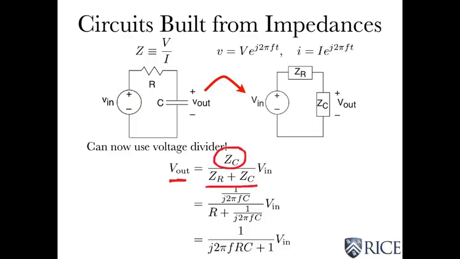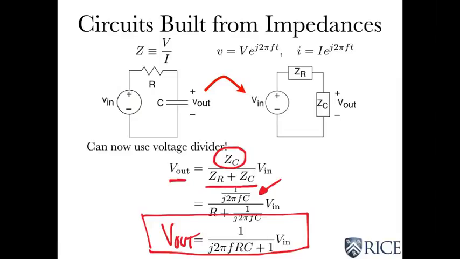Plug in what their impedances are and simplify a little bit. We now know V out: it is equal to the amplitude of the source times a complex number, 1 over (j2πfRC plus 1). What could be simpler?